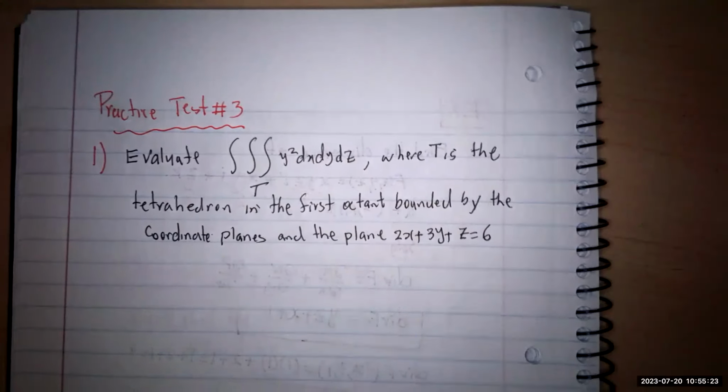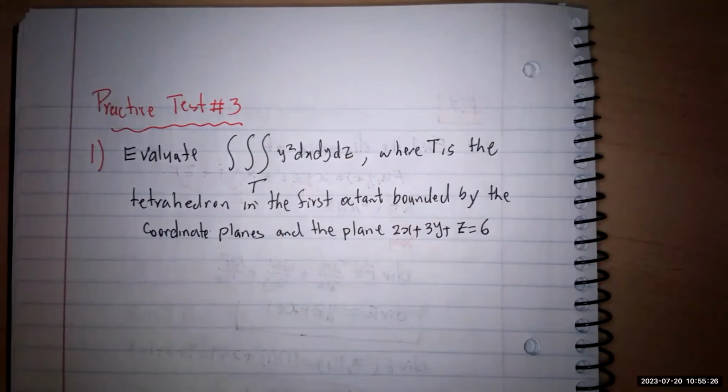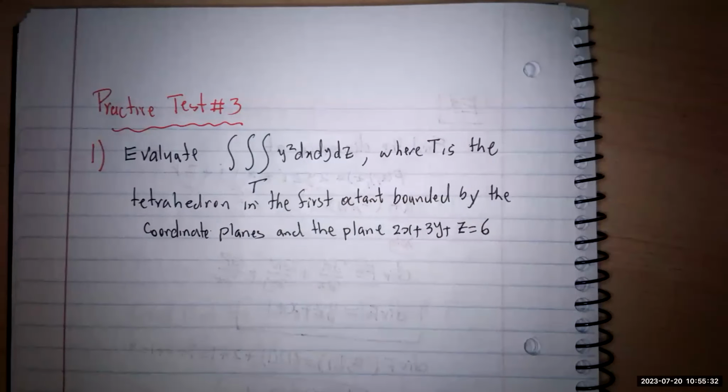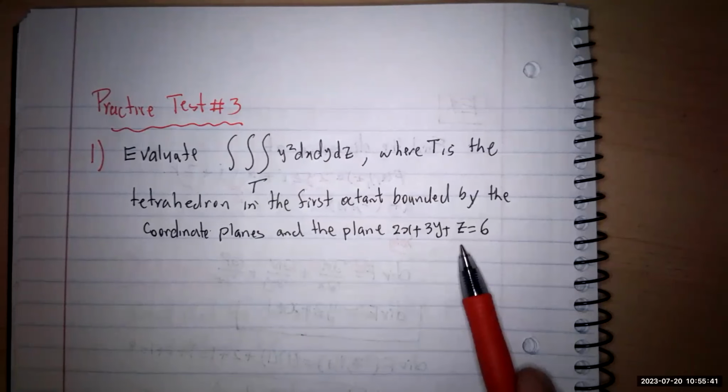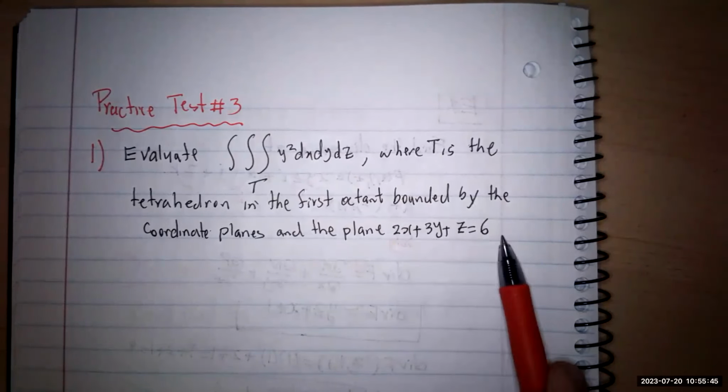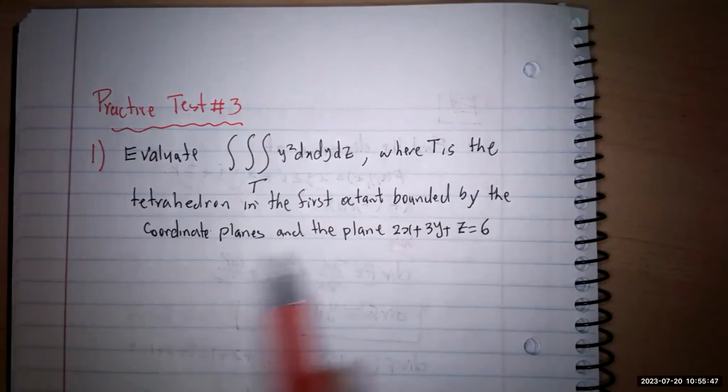Now, what you have to do is check what you have for z. You need the limits of integration for z. So check if the equation is given in terms of z, and solve it for z. That's your limit for z. Then you project it into the xy plane. Projected means you replace z by 0. You drop it down, and 2x plus 3y equals 6 is a straight line.